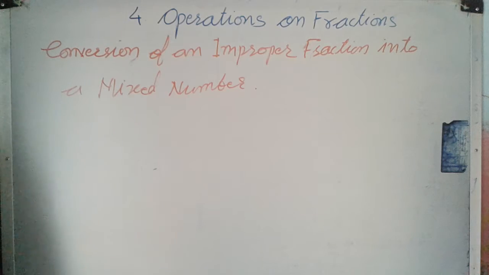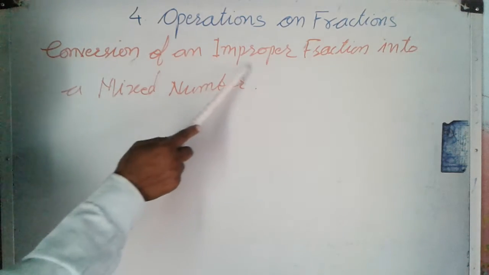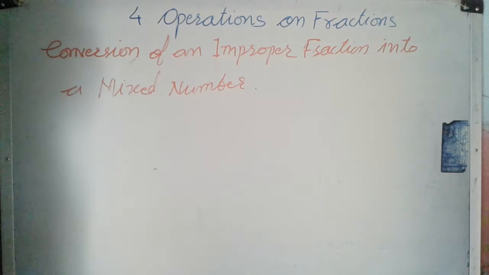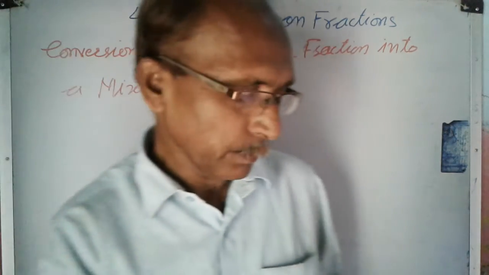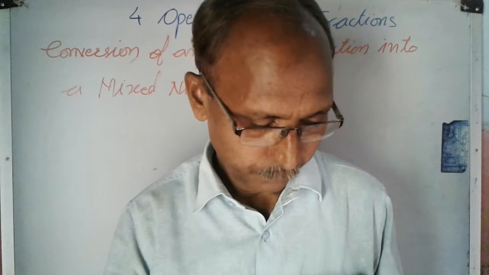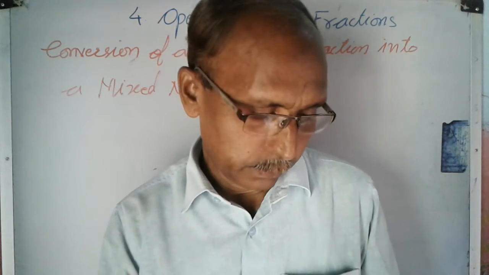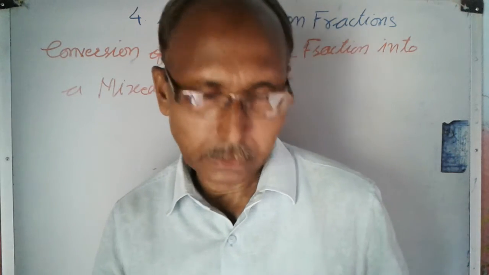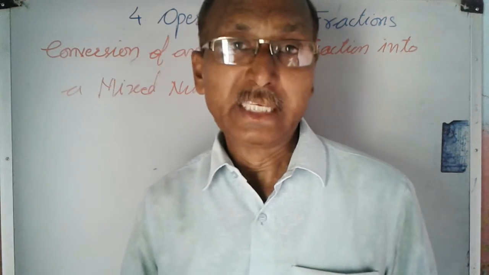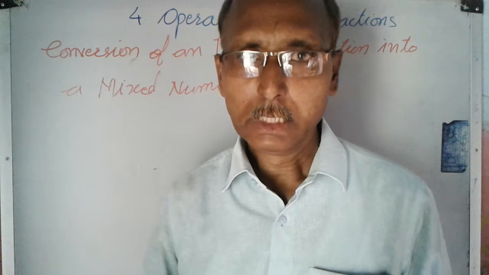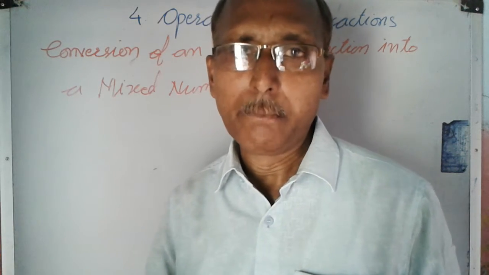Now, conversion of an improper fraction into a mixed number. First we will understand what is meant by an improper fraction. An improper fraction means a fraction in which the numerator is greater than the denominator. Such a fraction is called an improper fraction.